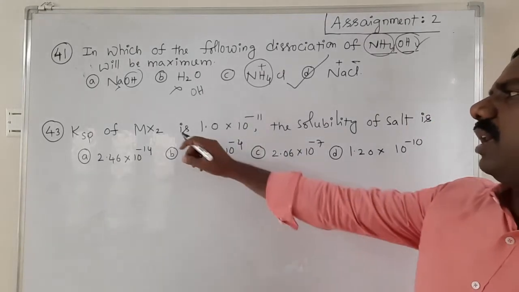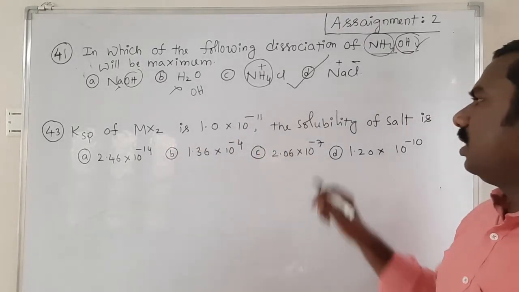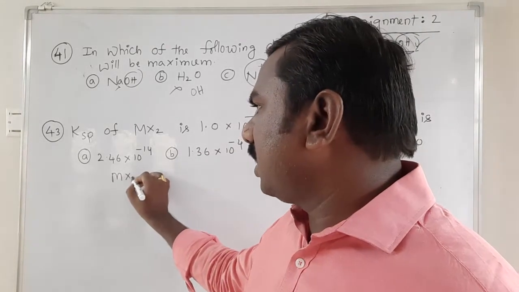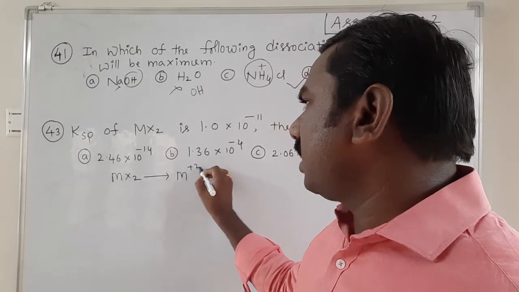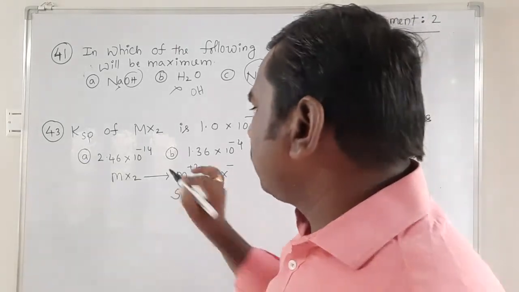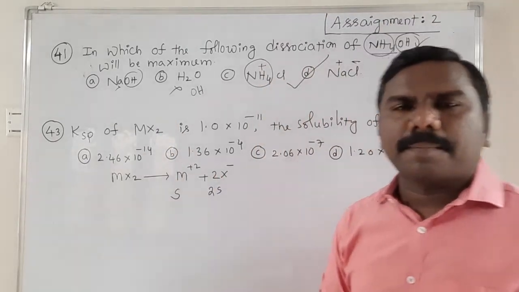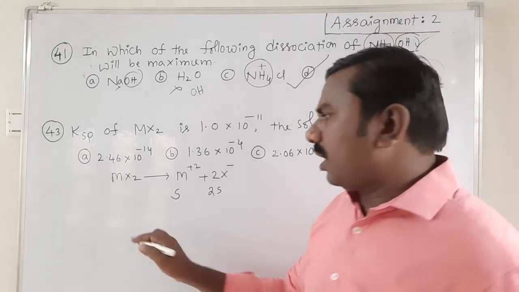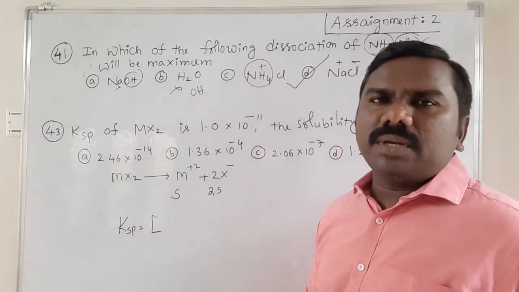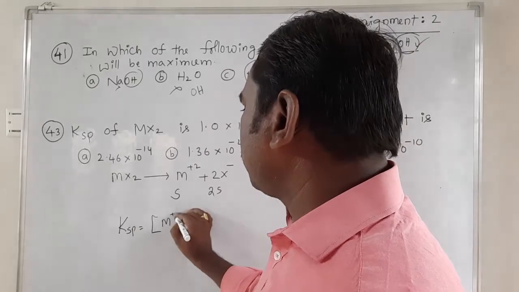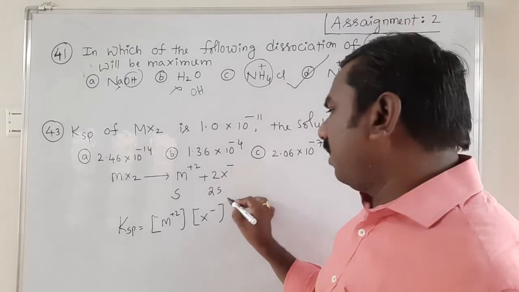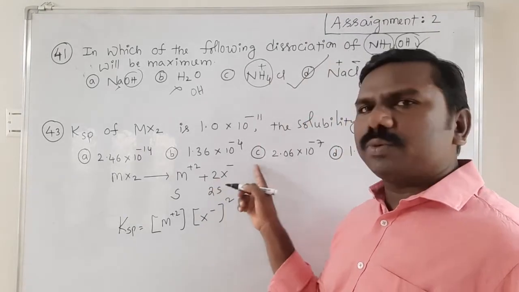Next, Ksp of MX2 is given, a salt MX2. Students, MX2 decomposes into M plus 2 and 2X minus. Its solubility is S, and the X solubility is 2S. Solubility product formula we know already: Ksp is equal to cation concentration into anion concentration, M plus 2 into X minus, raised to the power 2 because of the coefficient.